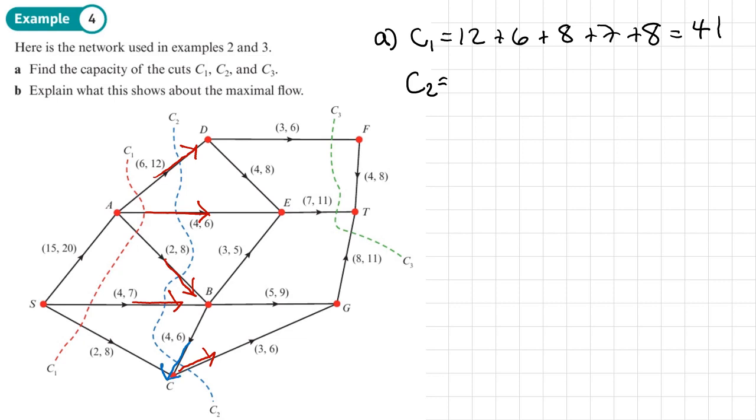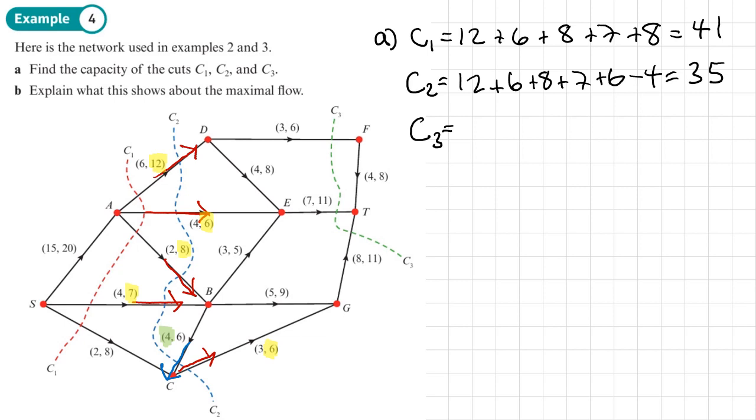Anything that flows in, we add the maximums, so 12, 6, 8, 7 and 6, and we subtract the minimum of anything flowing out, so that's going to be subtracting 4. So our calculation is going to be 12 plus 6 plus 8 plus 7 plus 6 minus 4, and that gives 35.